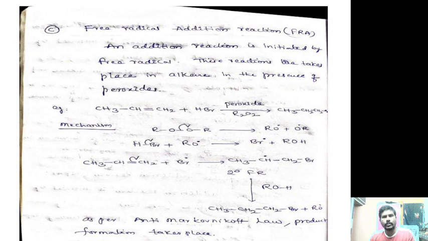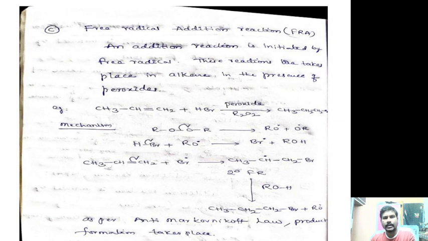In the mechanism, the peroxide first undergoes homolytic cleavage to give an alkoxy radical. This alkoxy radical reacts with HBr; in the presence of the radical, the H-Br bond cleaves homolytically, producing H radical and Br radical.